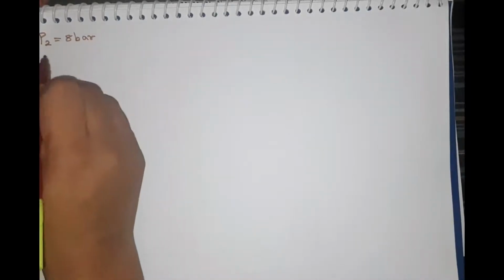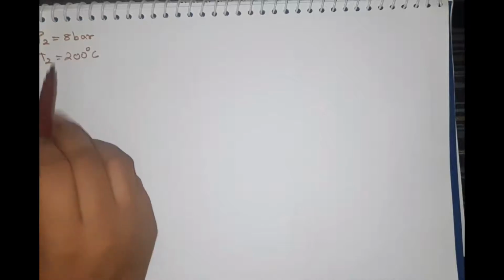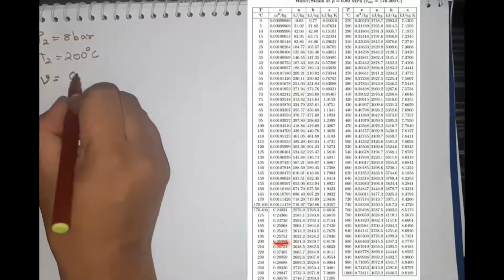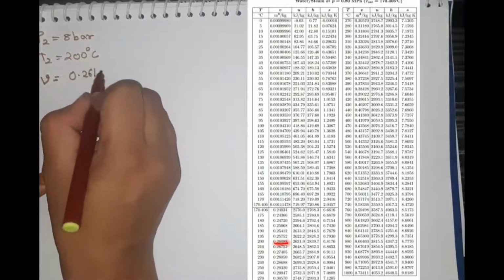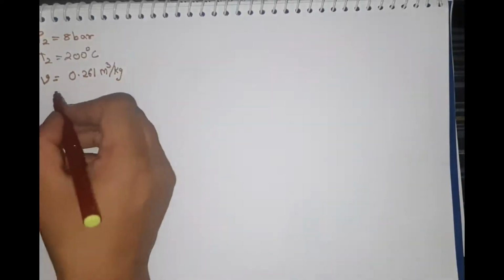Now for specific volume we have to use the steam table. Given conditions are P2 is 8 bar and T2 is 200 degrees Celsius. So for these conditions the specific volume is equal to 0.261 meter cube per kg.